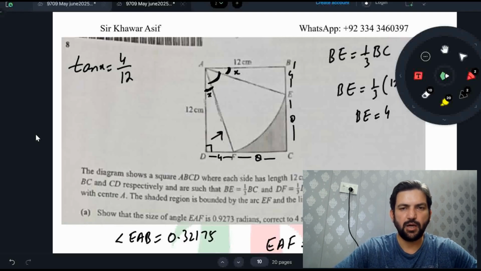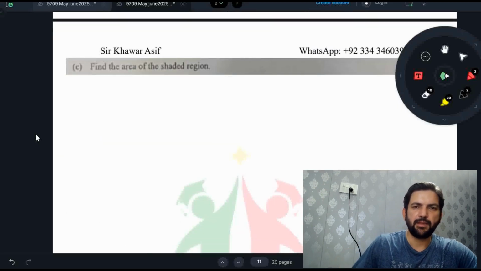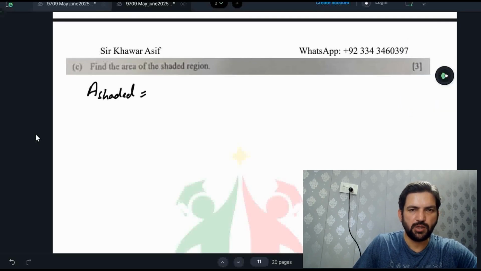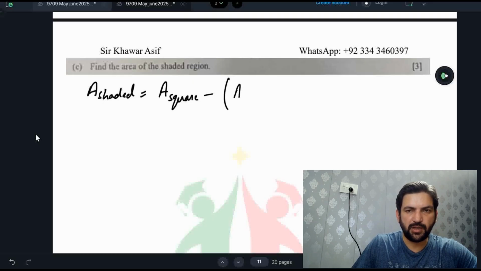So the area of the shaded region will be equal to the area of the square minus the area of triangle 1 plus the area of triangle 2 plus the area of the sector.